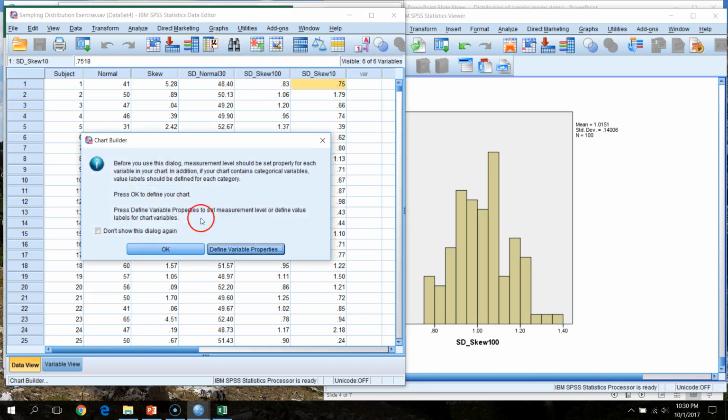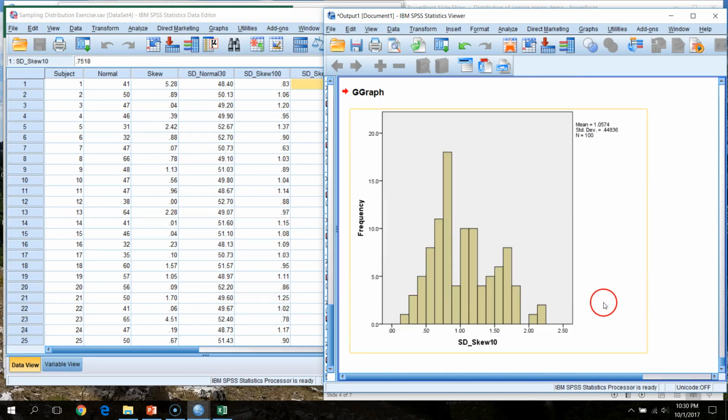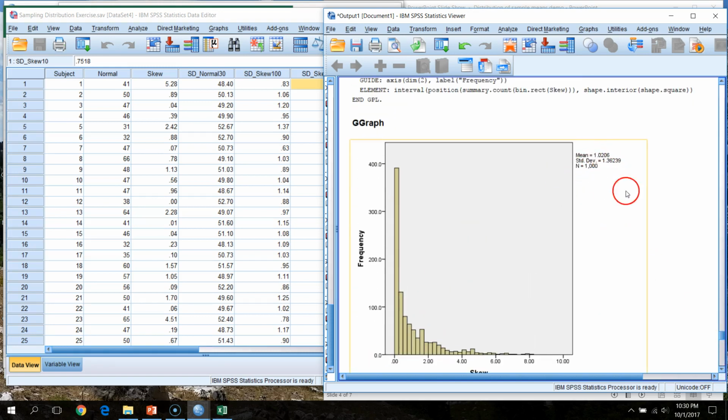But even if we go through with 100 draws, drawing random samples of 10 from that skewed distribution, hit OK, we see that even after 100 draws, and even with a sample of 10, we're still starting to get pretty close. Our expected value of the mean for this distribution, 1.06. Our population mean, 1.02. So we're very, very close here.